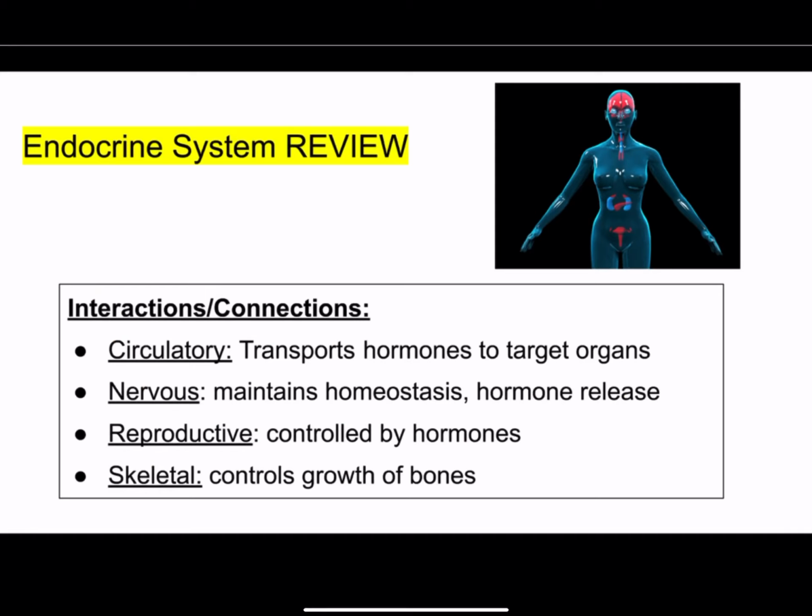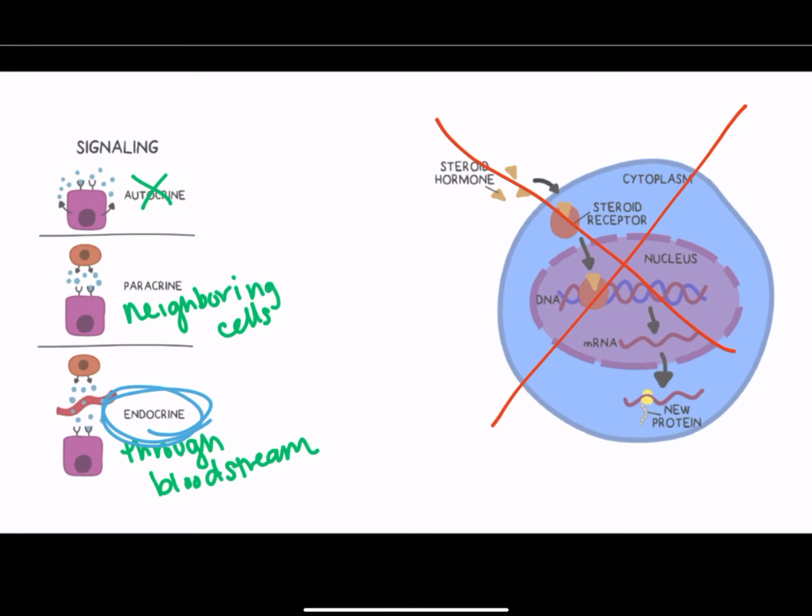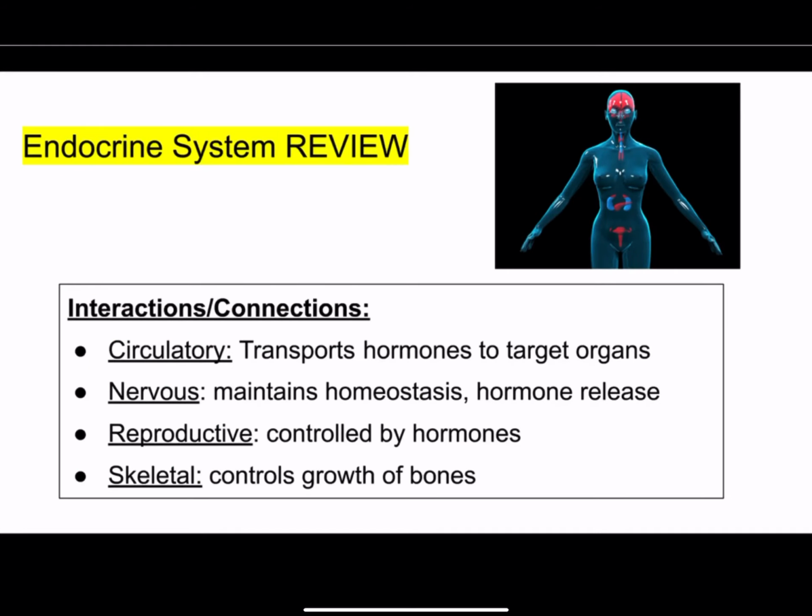The endocrine system, again, specifically the endocrine that we talked about through the bloodstream, needs to be able to interact with the circulatory system to transport those hormones through the bloodstream. It needs to interact with the nervous system to know what hormones to release.